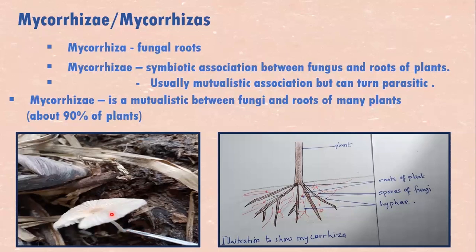The fungus has spores in the soil, and some of the spores can even stay for many years and produce hyphae around the roots and grow into the roots. And in that association, the fungus, hyphae, and the roots, each of them is benefiting, all right? They grow in the soil. They make the soil moist.